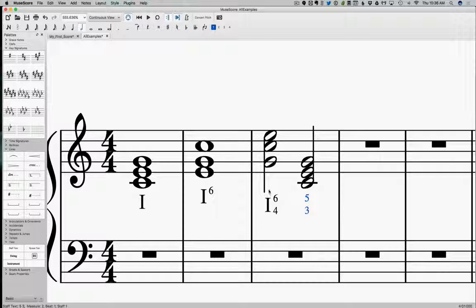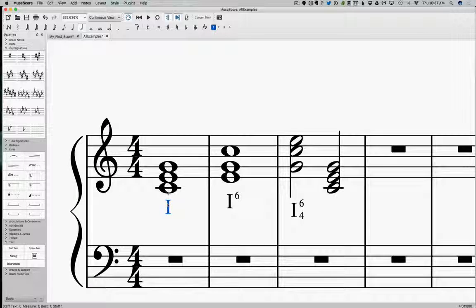Don't worry about this for now. We'll see examples of this when we get into figured bass, when it will be much more clear why you would want to do that. So for now, don't worry about it. Just remember that root position is technically a 5-3 because of this 5th and then this 3rd.